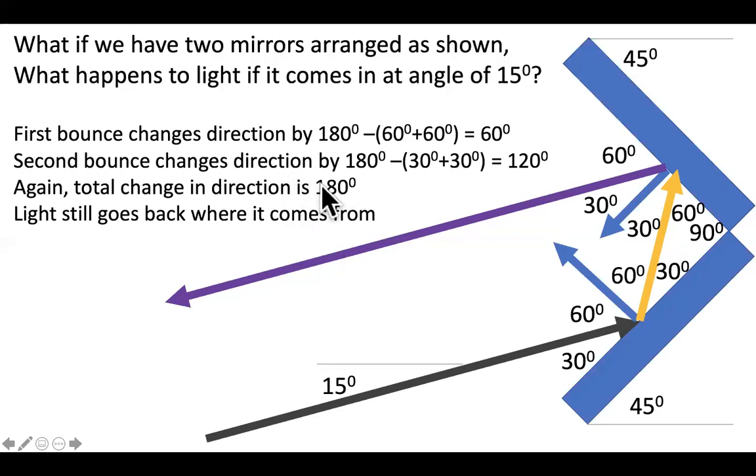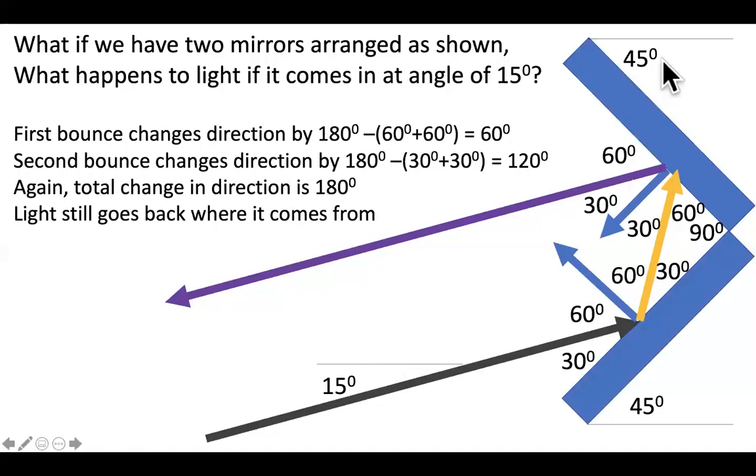The total change in direction is exactly 180 degrees. The light still goes back where it came from. So you can have this light come in at fairly steep angles and still have it work. And again, it doesn't matter what order you hit the mirrors in, it'll still work.